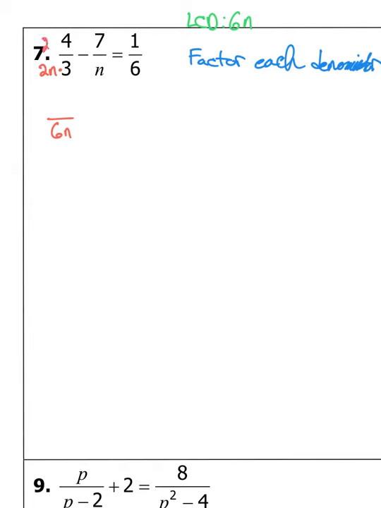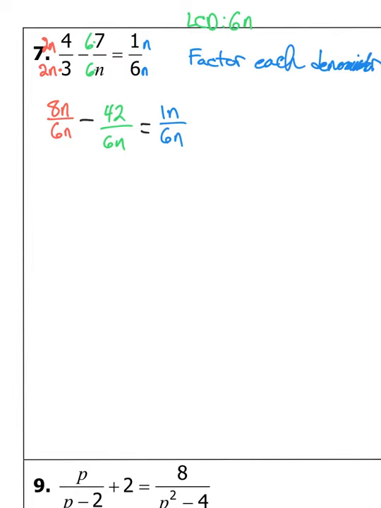Whatever I do on the bottom, I have to do up top. Here I would just have to multiply by 6 to get my LCD of 6n, so I multiply the top by 6. And the last one, I'm going to just multiply by n to get my LCD. So up top I'm going to have 1n.